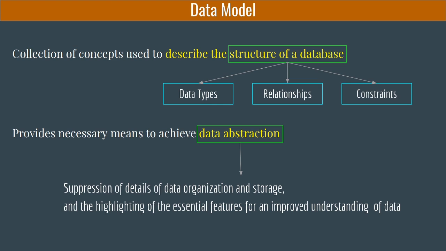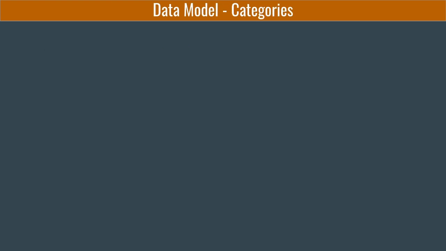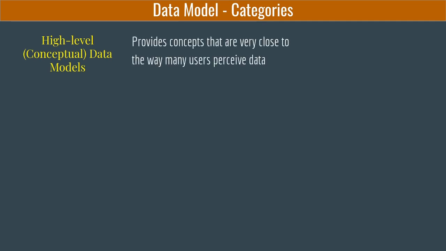So this is a data model. There are different types of data models, and they can be categorized into 3. The first one of them is high level or conceptual data models. So what is meant by that? High level or conceptual data models provide concepts that are very close to the way many users perceive data.